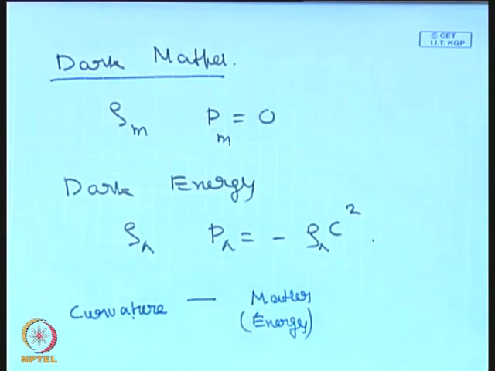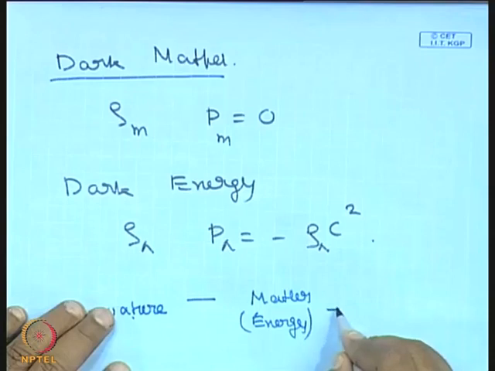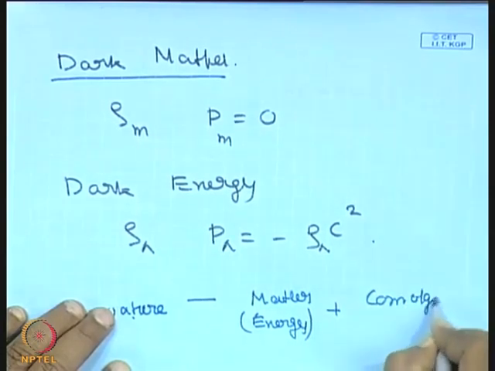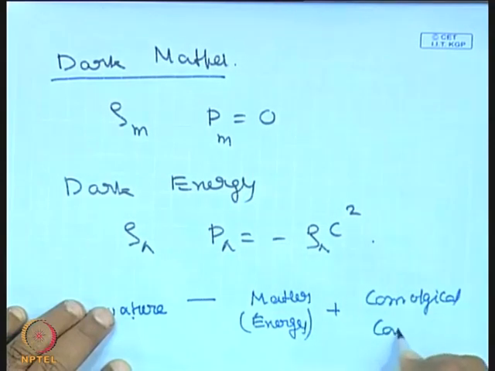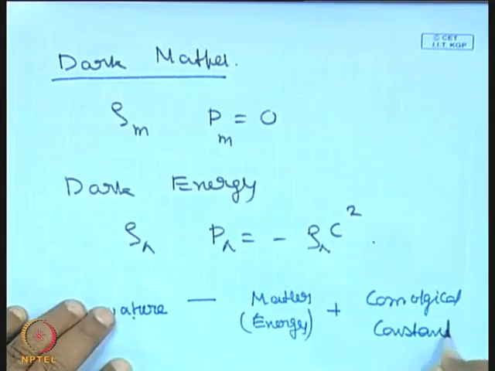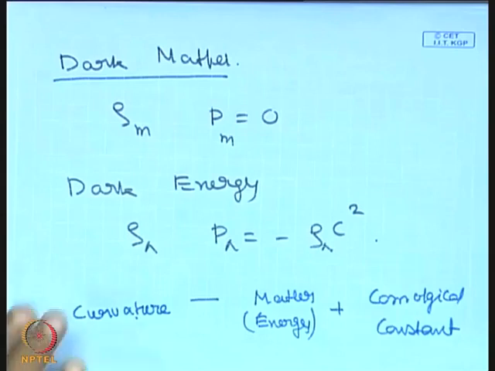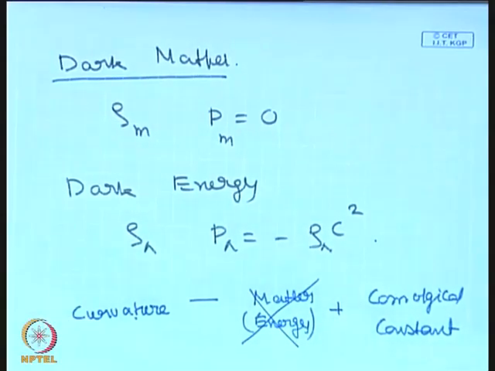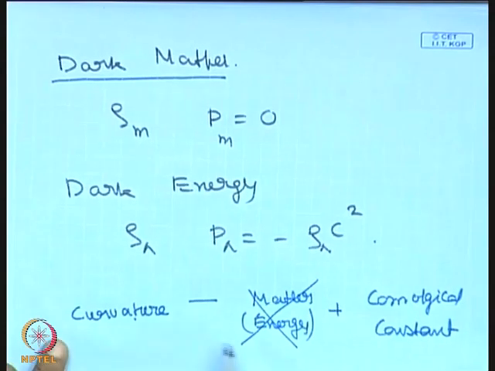You also have the freedom of introducing something called the cosmological constant, which is basically a constant which is also a source for curvature. So suppose there is no matter, it is not guaranteed that my space time will be flat.